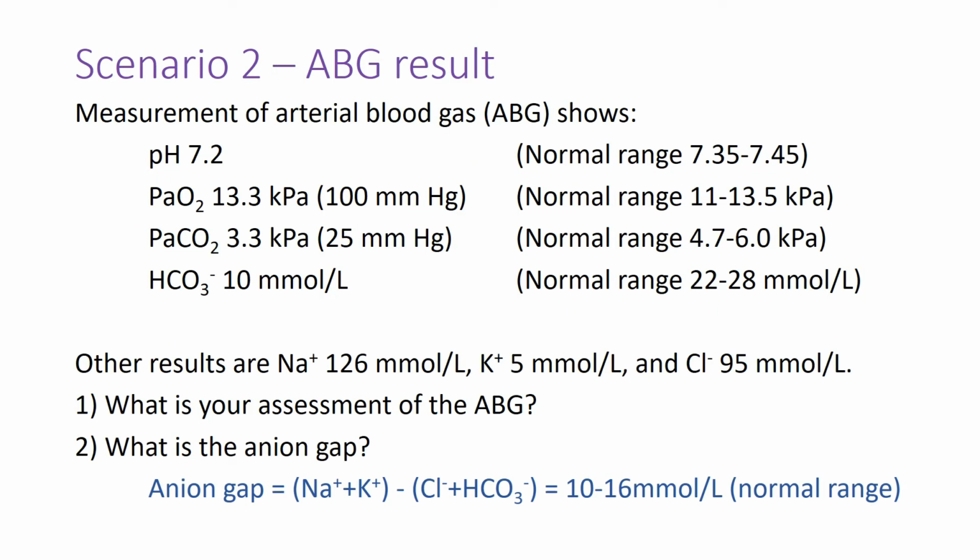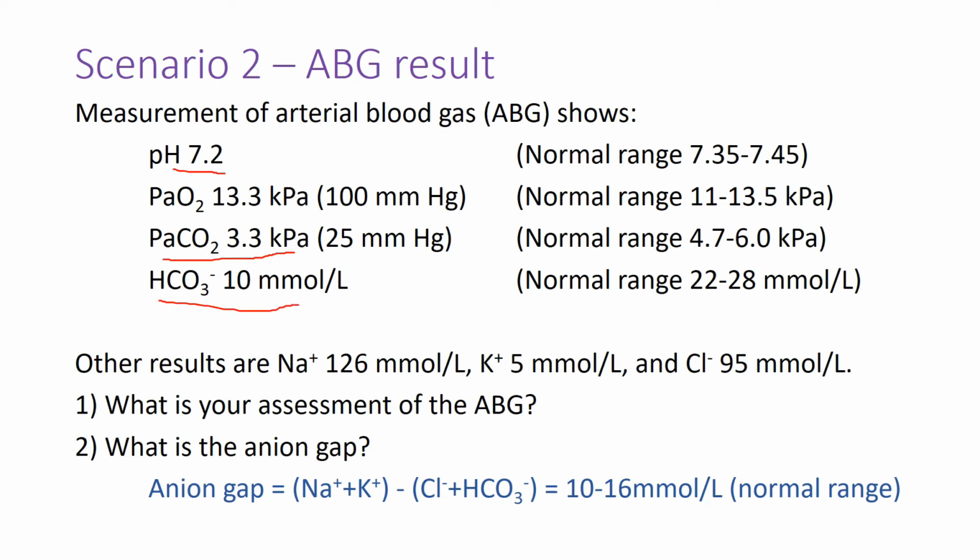So here is the result of this young boy. Notice the pH is 7.2, which shows an acidosis. Now, is this due to the respiratory system? Well, no, it's not, because the CO2 is low. That doesn't make sense for respiratory acidosis.